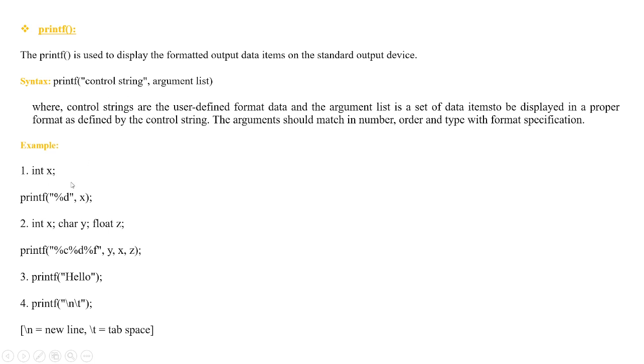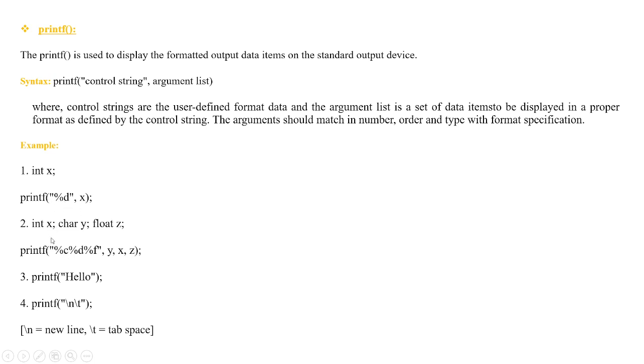See here in the example, int x, whatever value was saved in x will be displayed by using printf. Because x is an integer, I am using the control string %d, and what value should be displayed is specified over here, comma x. So whatever value is saved in x will be displayed here.